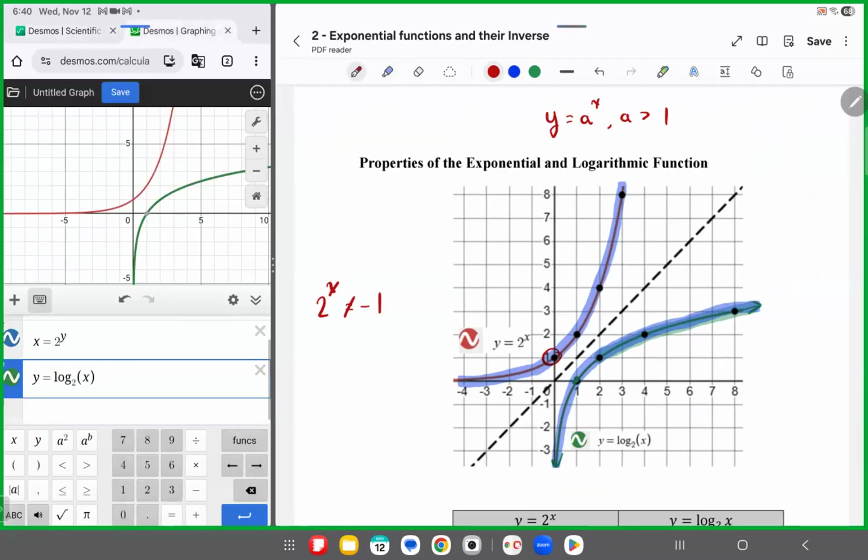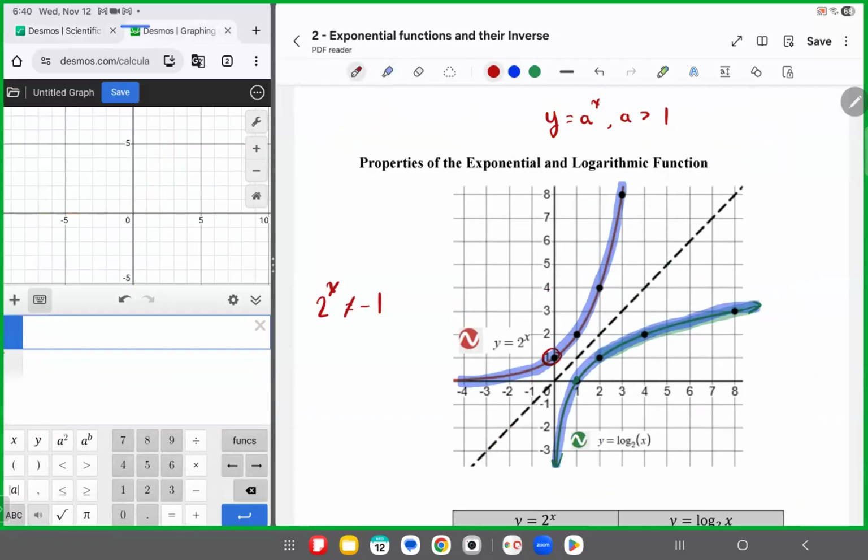So if I were to graph y is equal to, say, 3 to the power of x on Desmos, all of these kinds of graphs would look very similar to each other. And similarly, the logarithmic equivalent will look the same.